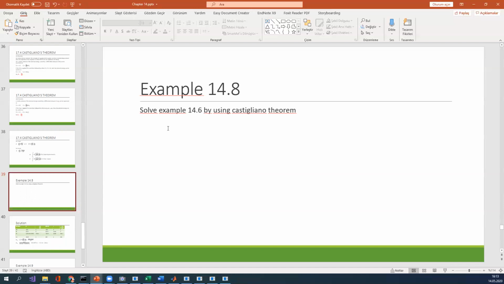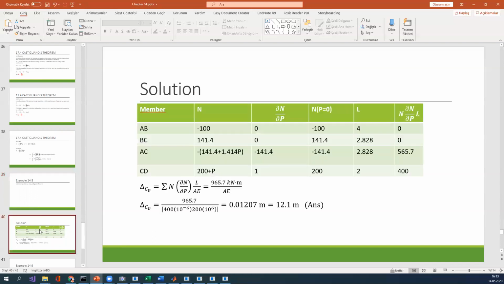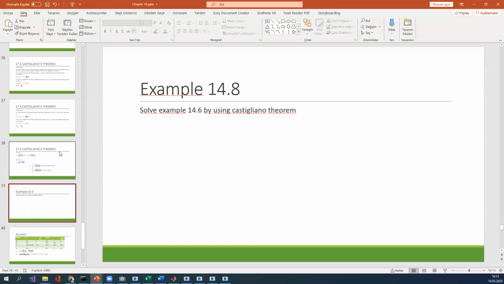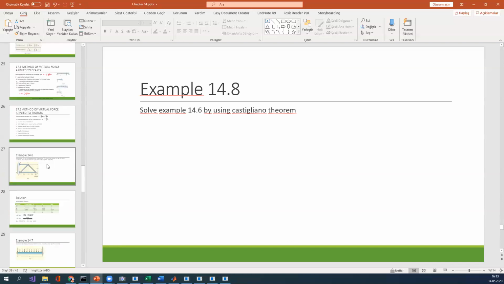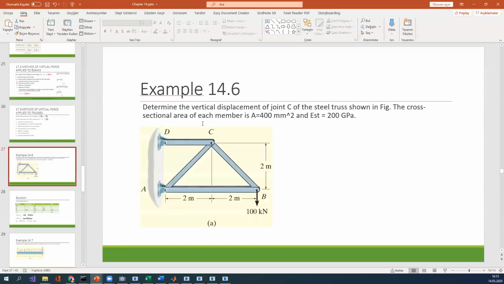Okay, how can we apply this? I don't want to go into detail, I just want to explain. Actually, in 14.8, I want to 6. Okay, in here, determine the vertical displacement at point C in the truss shown in the figure. So, you remember that we put a vertical virtual load whose value is 1.